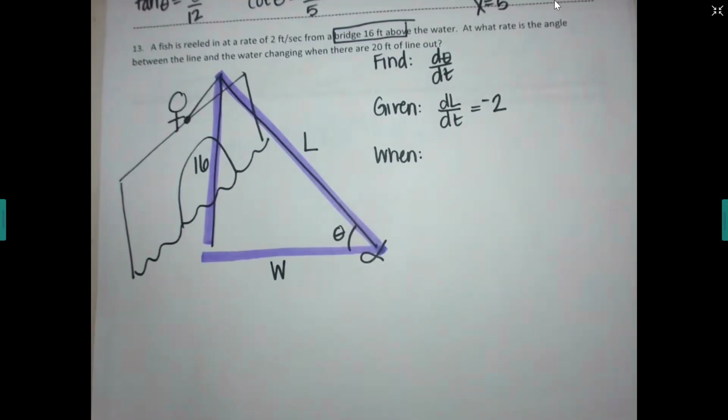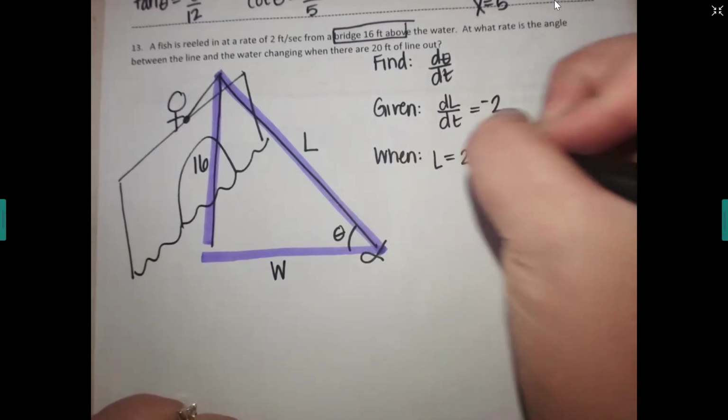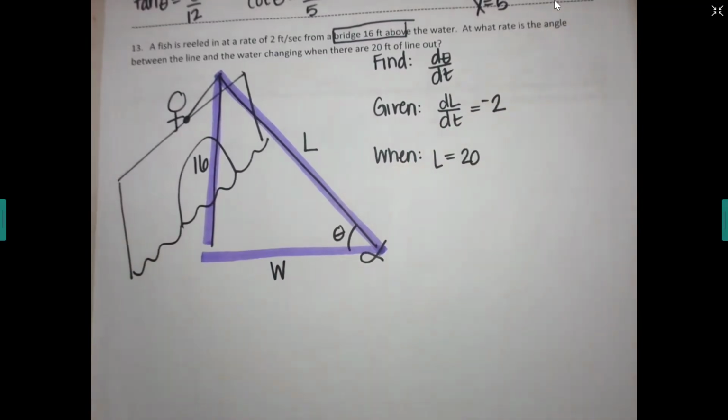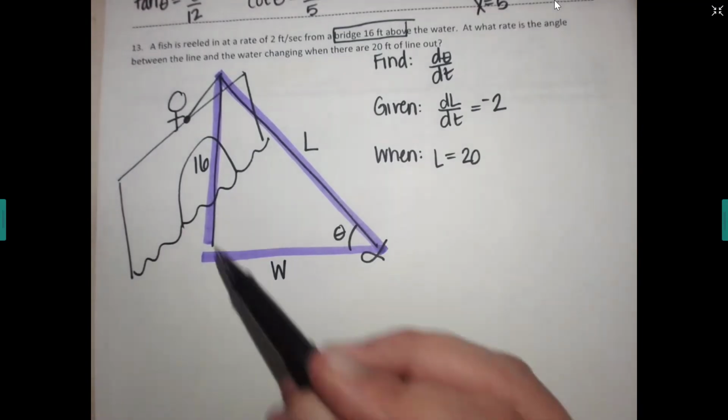Okay, then it says that magic word when. There are 20 feet of line out, so my line needs to be 20. Okay, for my equation, I have to pick a SOHCAHTOA. And the reason why is that I want to relate this angle to these sides.